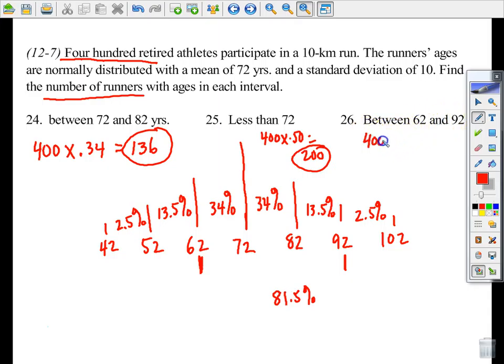So we need to do some multiplication. 400 times 0.815 gives us 326 runners. I should have said runners at the end of each one of these, to put a little context into it. But those are your answers for 24 through 26.